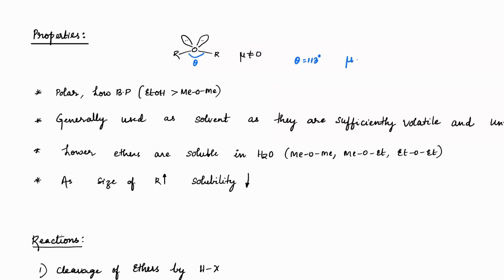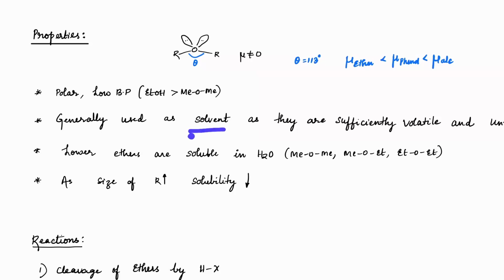Generally, ethers are lesser than, okay, phenols are lesser than regular alcohols. Okay, but still it is polar in nature, so its dipole moment is not zero. Okay, but it is less, and because it is less dipole moment, although it is polar, it would have low boiling point because there is no hydrogen bonding unlike alcohols.